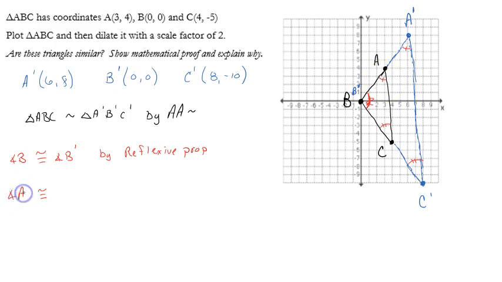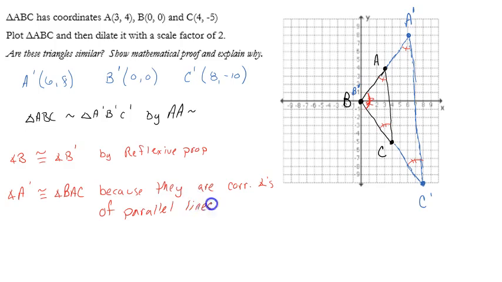For example, I can state angle A prime is congruent to angle BAC, but we have to state why and show evidence why. Now, they are at the exact same location of two intersections, so they're corresponding angles, which we know are congruent if our lines are parallel. So I can state that these are congruent because they are corresponding angles of parallel lines.